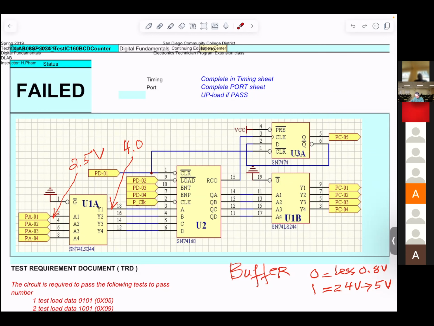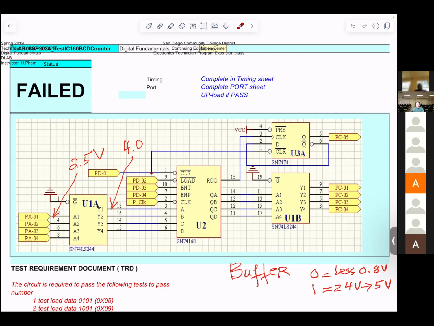Who knows, if you're not grounding pin number 1, what happened? If pin number 1 is not grounded, the output may be a floating voltage value.